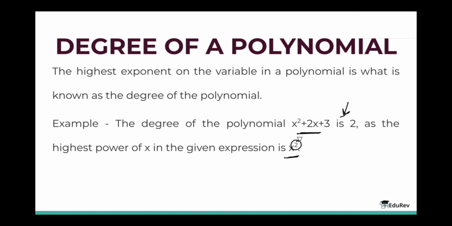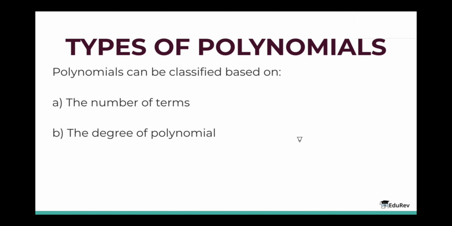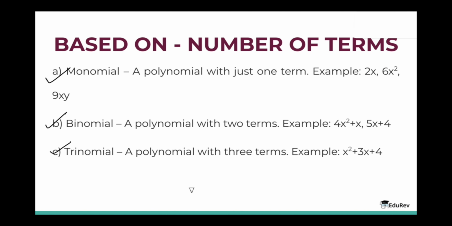What are the various types of polynomials? Can anyone tell me? Polynomials can be classified on the basis of the number of terms that they have and the degree of the polynomial. Now, if I split them on the basis of number of terms first, they are of 3 kinds: monomials, binomials and trinomials.